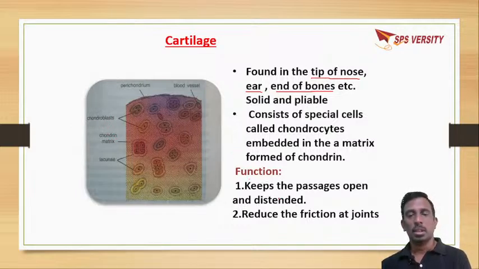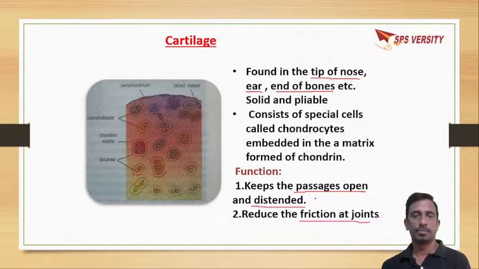Its function is to keep the passages open and distended and to reduce friction at joints. The cells present in cartilage, chondrocytes, are present in a matrix called chondrin, which is a soft tissue.